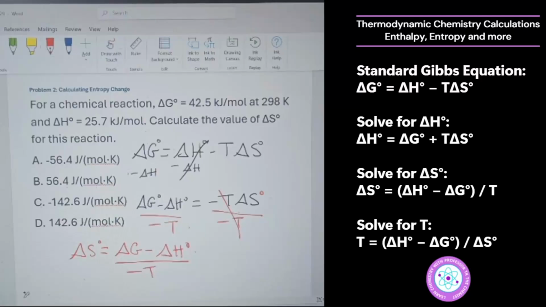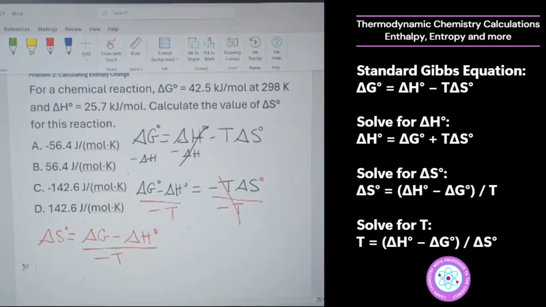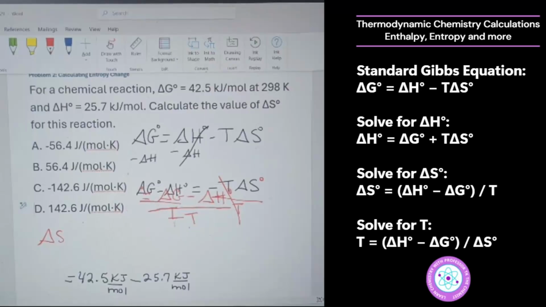Now, our delta G, matter of fact, I'm going to carry this down here. So right here, our delta G is equal to 42.5 kilojoules per mole, minus our delta H, which is 25.7 kilojoules per mole, divided by the temperature.